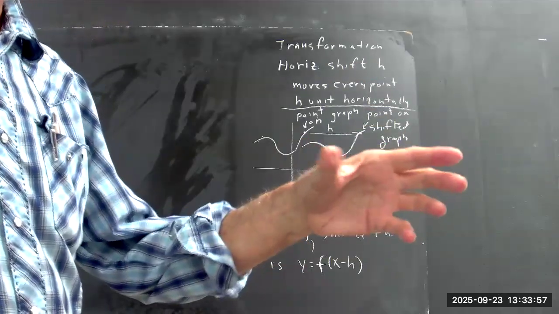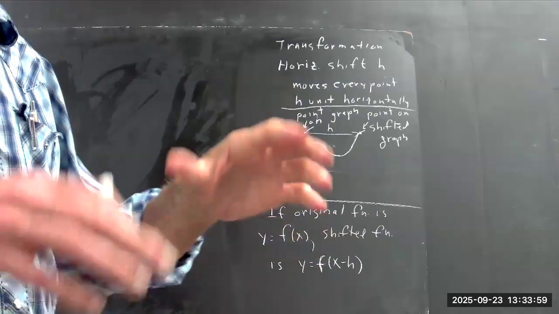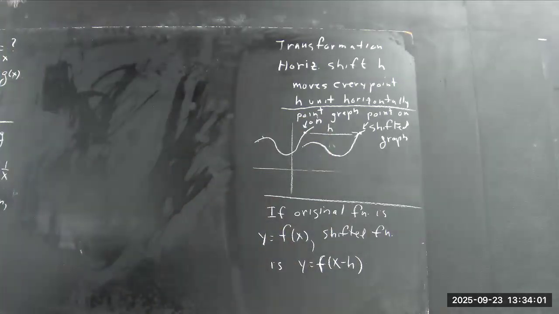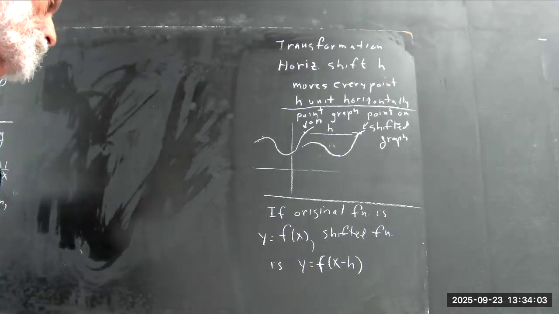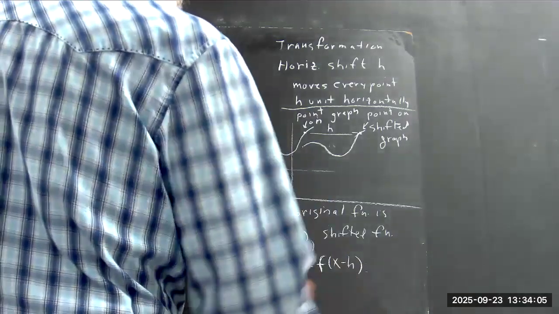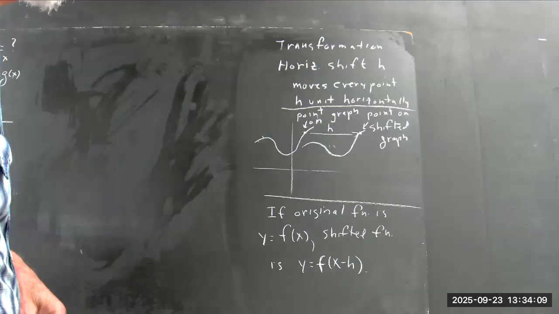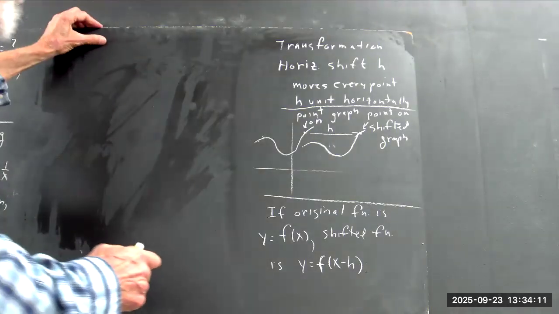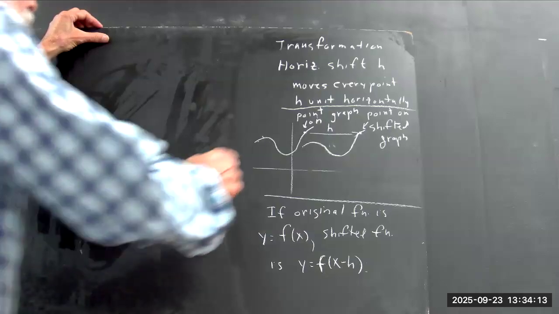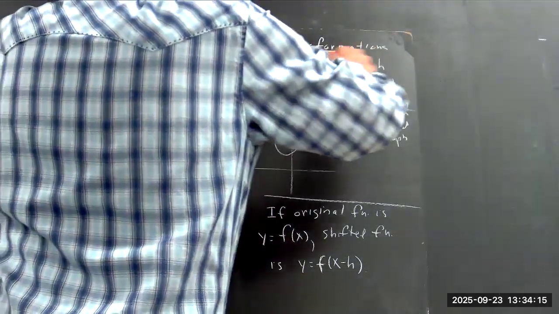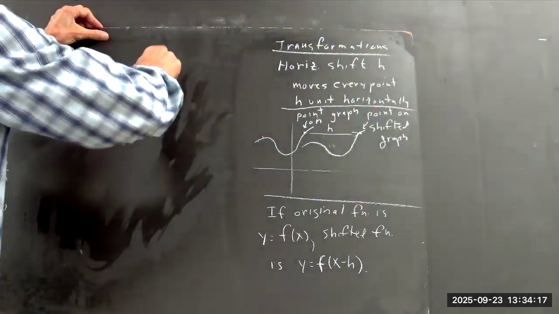It's a toolkit squaring function. x squared would become the quantity x minus h, squared. Okay, vertical shift.